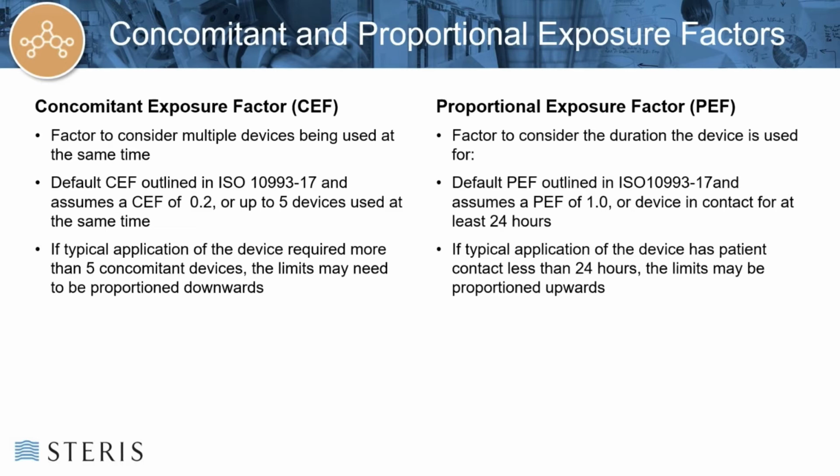ISO 10993-7 Annex G6.2, G6.3, and G6.4 provide more information about how the tolerable exposure is calculated. ISO 10993-17, sections 6.3.2 and 6.3.3 provide more information on the calculation of the CEF and PEF.